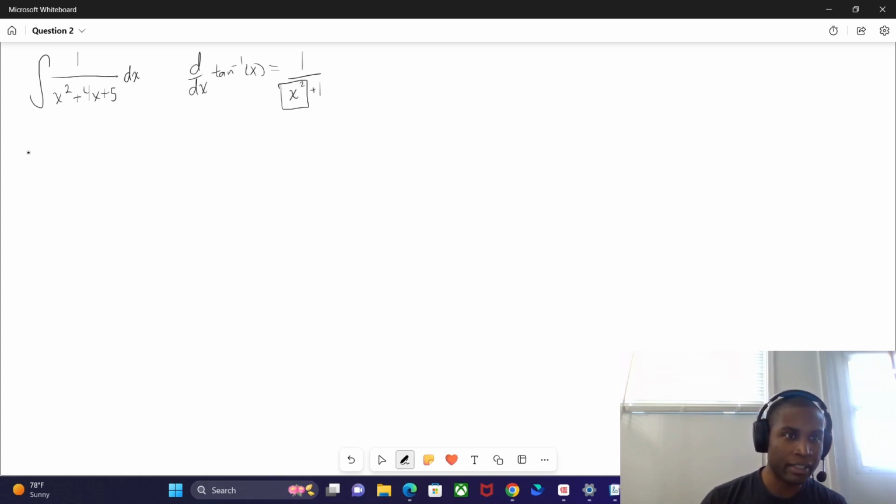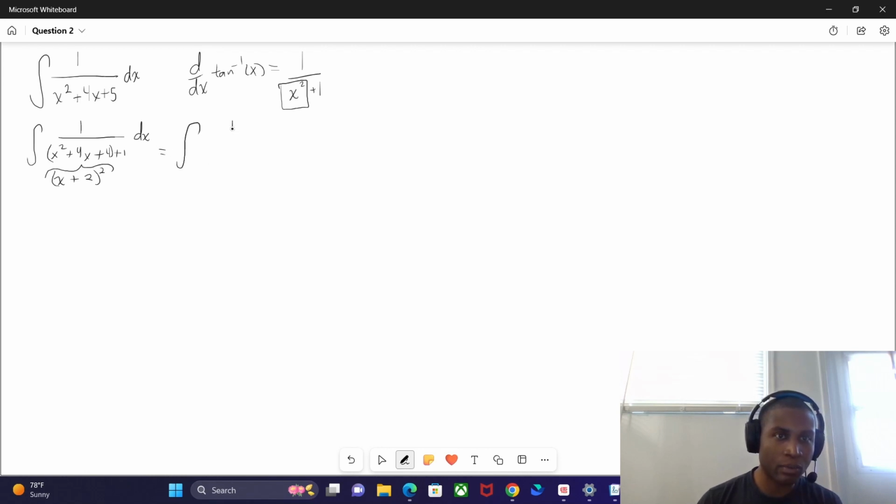We can rewrite this as the integral of 1 over, and let's just complete the square, x squared plus 4x plus 4 plus 1 dx. And this x squared plus 4x plus 4, we know that's going to be x plus 2 squared. So we can rewrite this as the integral of 1 over x plus 2 squared plus 1 dx.